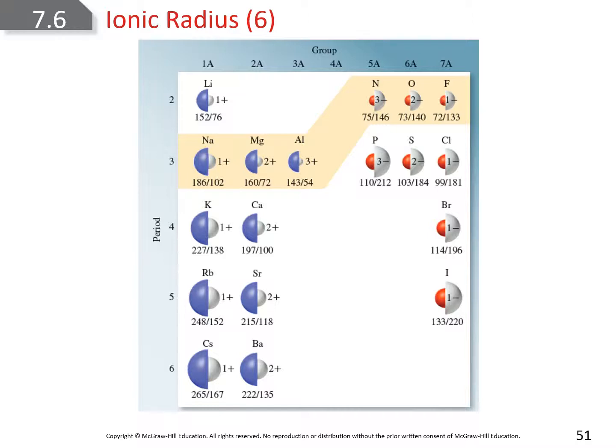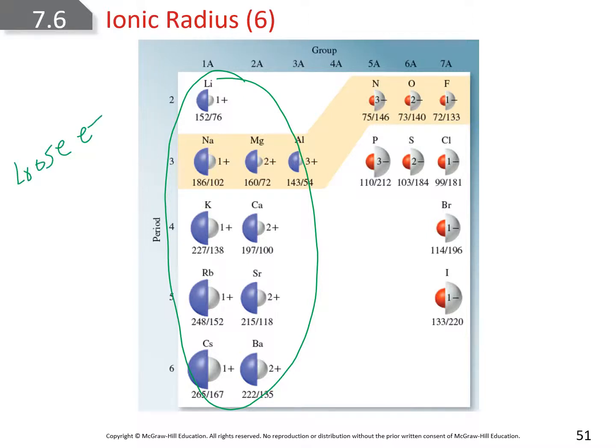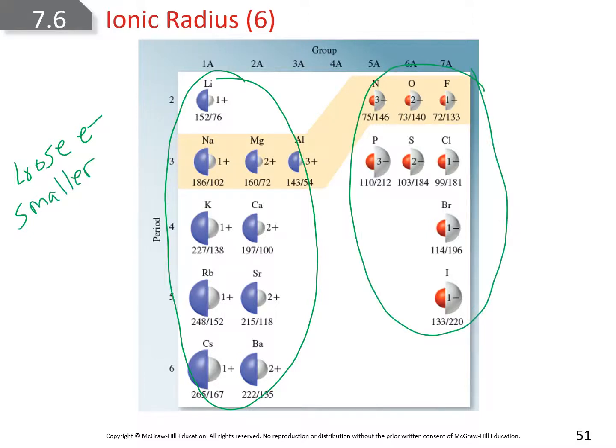The purple half is how large the atomic radius is as a neutral, uncharged element. So when cations lose electrons, they become smaller. When anions gain electrons, they become larger. And that should make sense because they're gaining or losing mass.